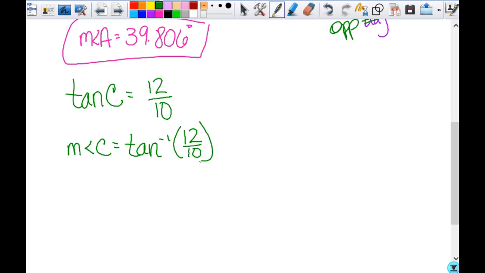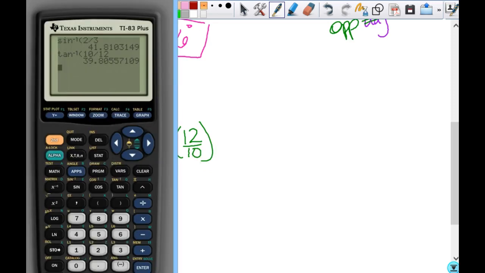Okay. So tangent inverse of 12 divided by 10. And I get 50.194.